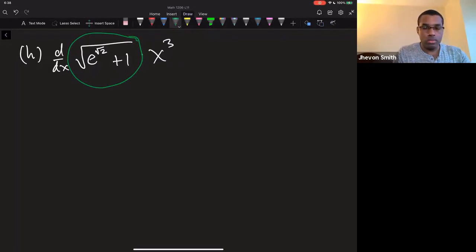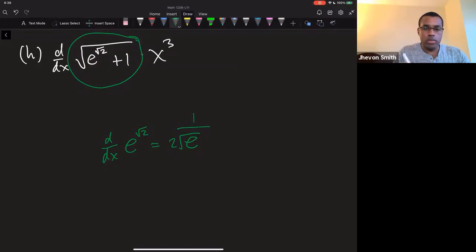Is it e to the radical 2 plus 1 over 2 radical e to the radical 2 plus 1? You're talking about e to the radical 2 thing? The derivative of that is what? It's 1 over 2 radical e? I'm not sure how to find the derivative of e.